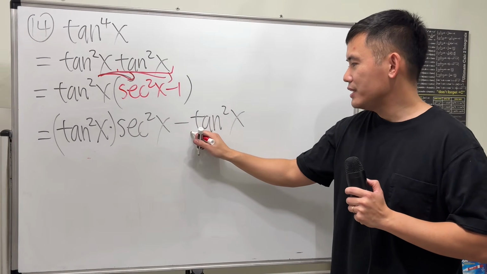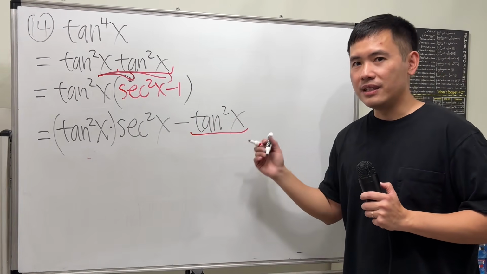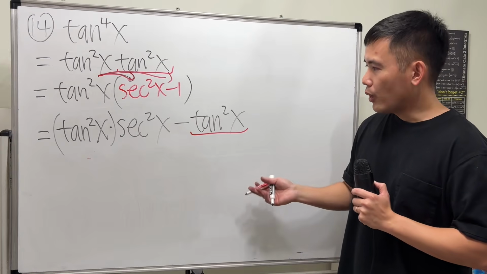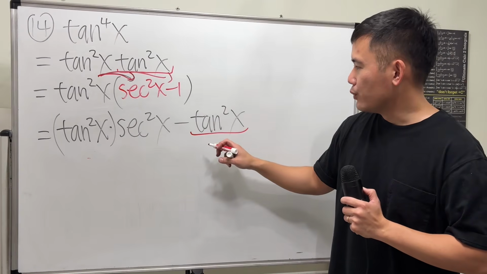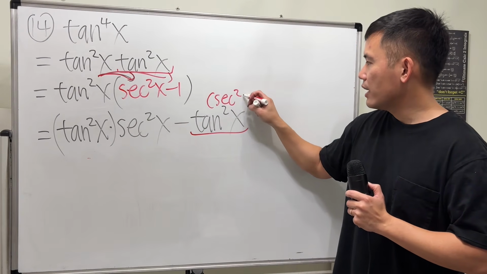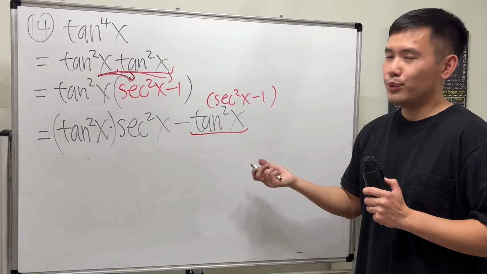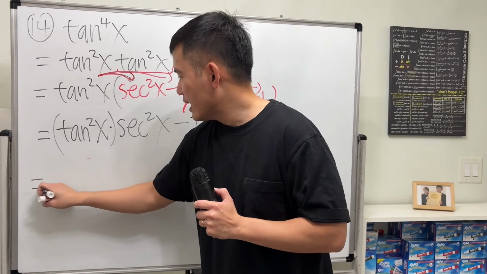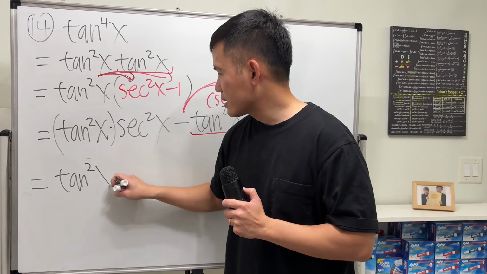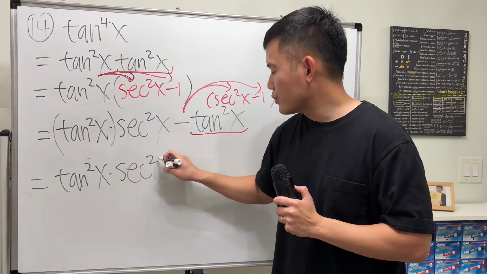Well, this is not really integral ready yet, but we did an example like this earlier. All we have to do is to use the identity again. So if you rewrite this as secant square x minus 1, you'll be pretty much done. Distribute the negative though, we will get tangent square x times secant square x.